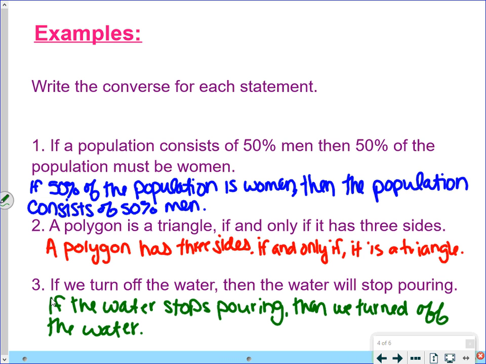So we took our hypothesis, put it as our conclusion, and the conclusion we changed to our hypothesis. So if the water stops pouring, then we turned off the water. Okay, converse, switching things around, rearranging.